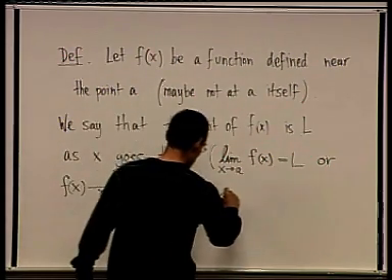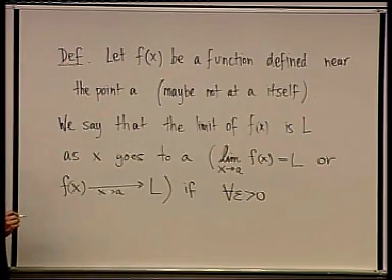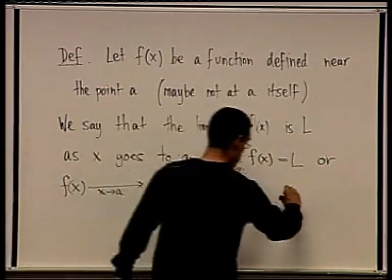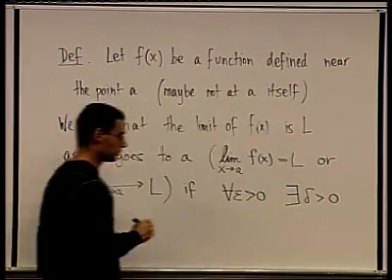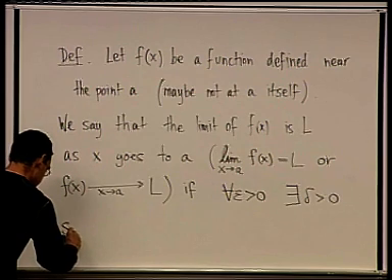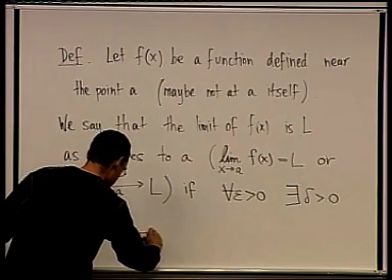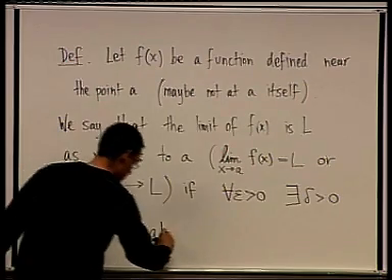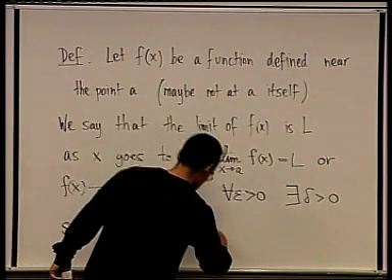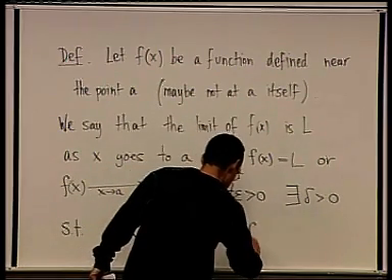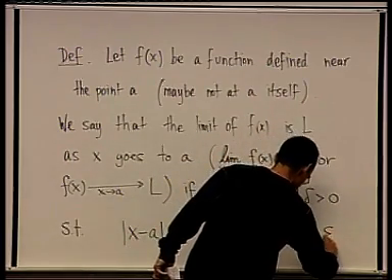If for any epsilon greater than 0, there exists a delta greater than 0 such that x minus a in absolute value is less than delta implies f of x minus L is less than epsilon.